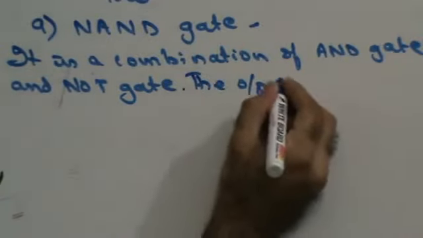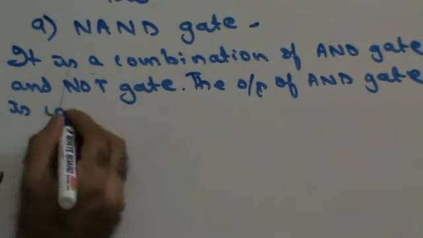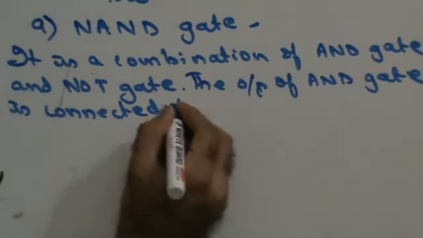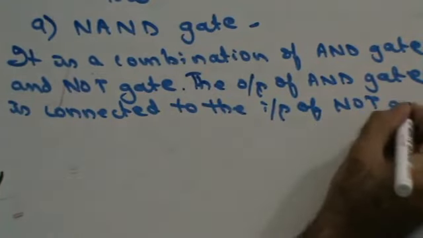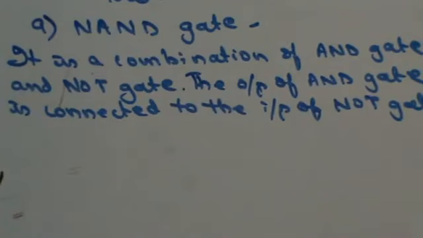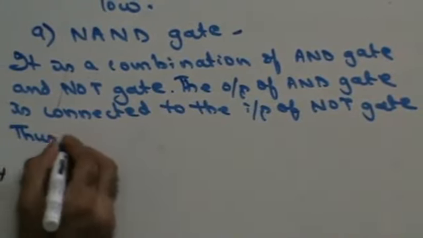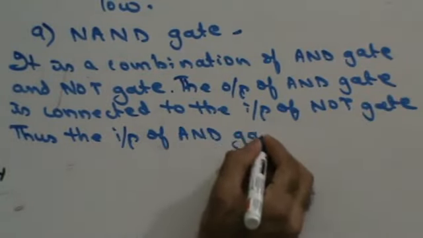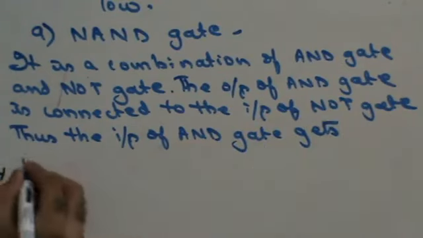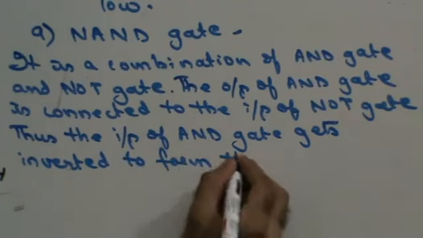The output of AND gate is connected to the input of NOT gate, right? Thus, the output of the AND gate gets inverted to form the NAND gate.